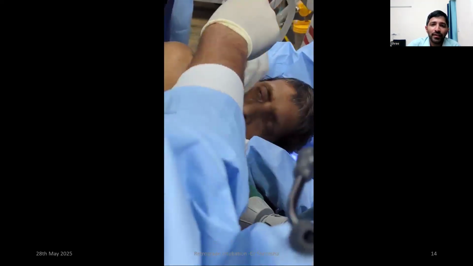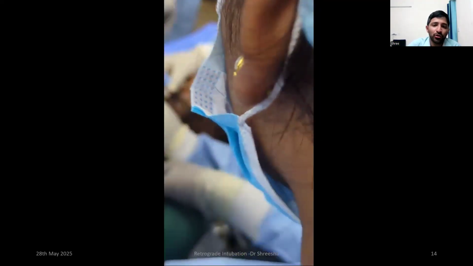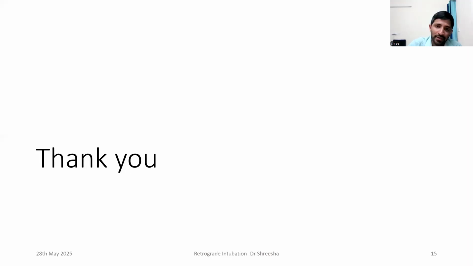So in case you have a flexible fiber optic bronchoscope, that would be the best way to go in these cases. But in many places the fiber optic bronchoscope is a costly thing and it's not available. So it's always better to know how to proceed and how to conduct retrograde intubation.